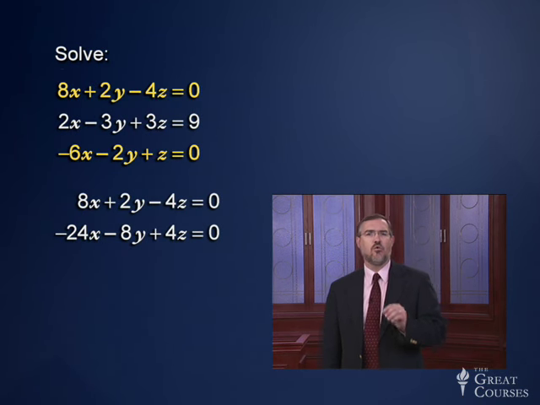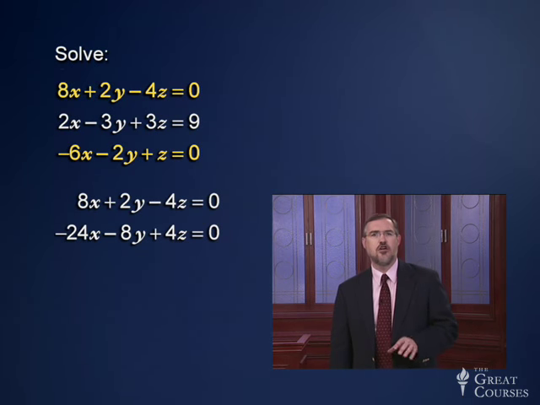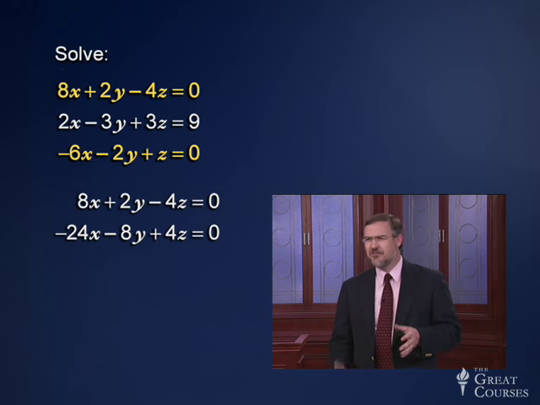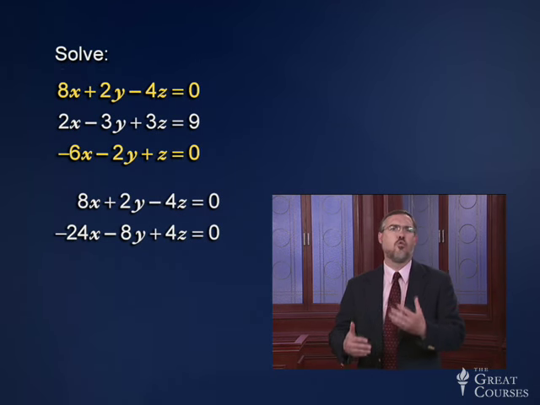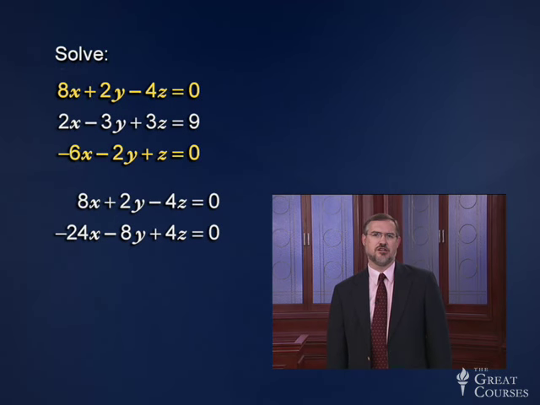And remember, when you multiply that 0 on the right by a 4, you get 0 back. 4 times 0 is 0. Sometimes students want to write down a 4 there, as if they were doing 4 times 1 instead of 4 times 0. But keep in mind, 4 times 0 equals 0.